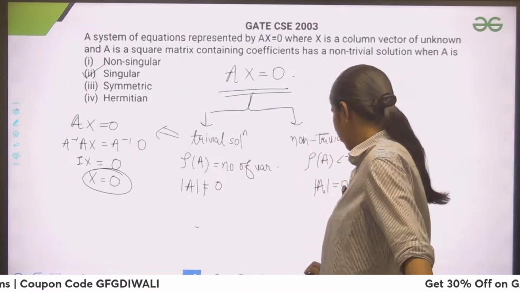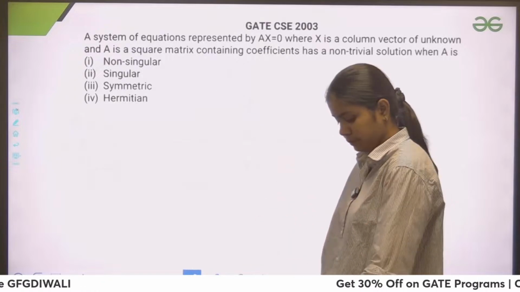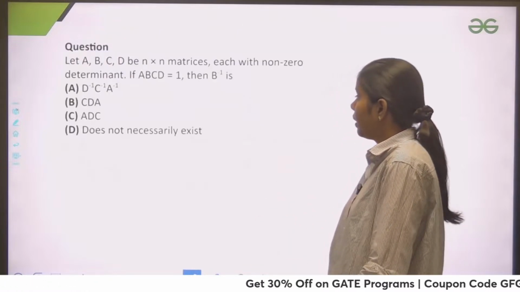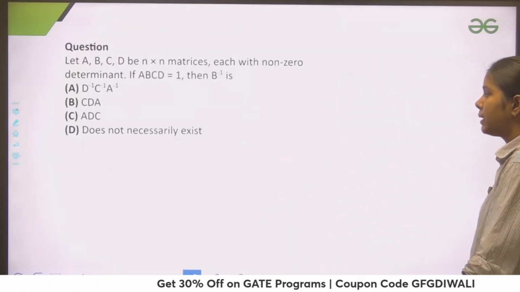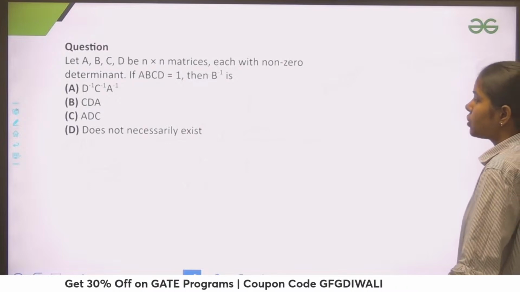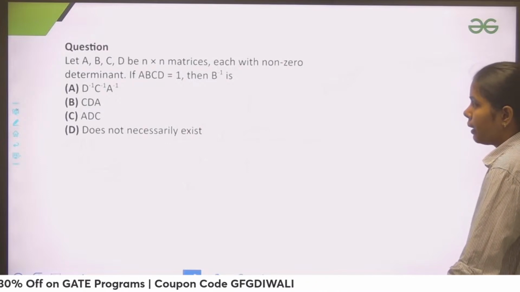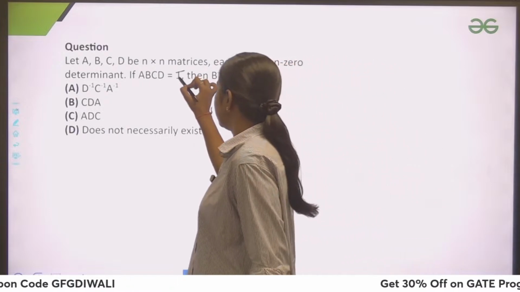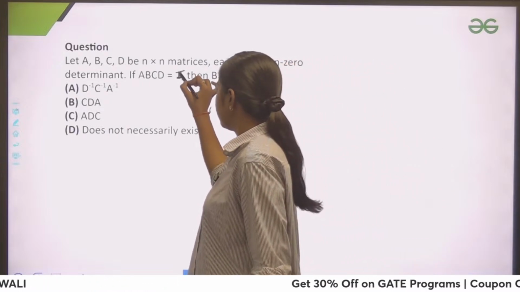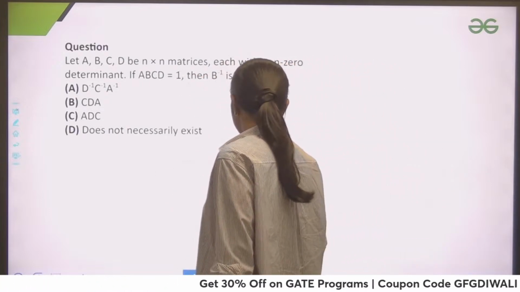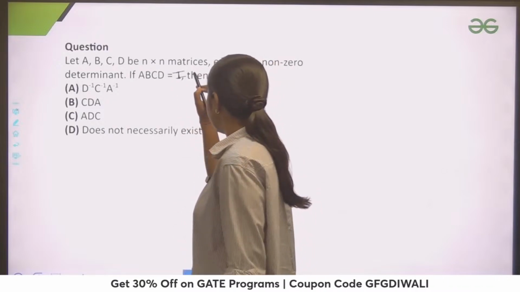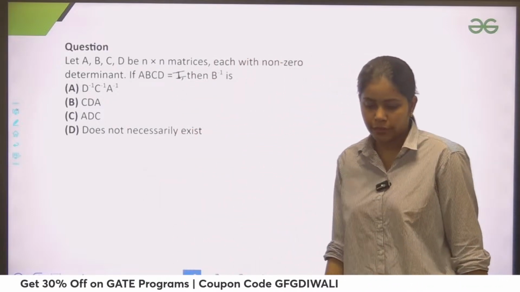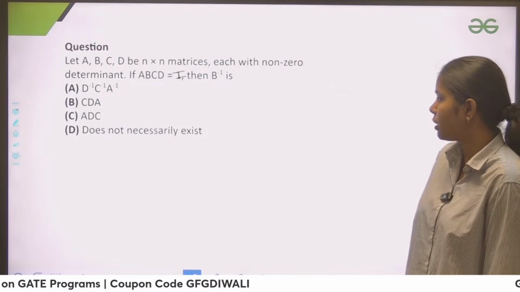Okay, so let's move forward. This is another question. A, B, C, D are n cross n matrices, each with non-zero determinant. Then they have given that ABCD is equal to identity. Then you need to find B inverse. Can you tell me quickly which of the options is true?